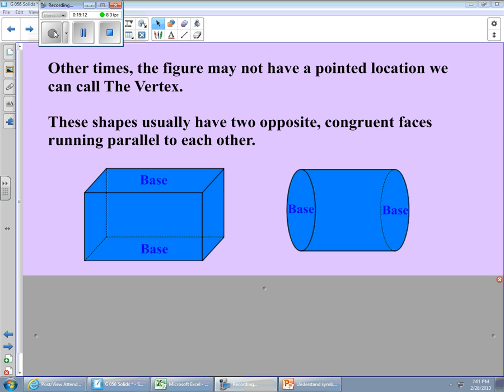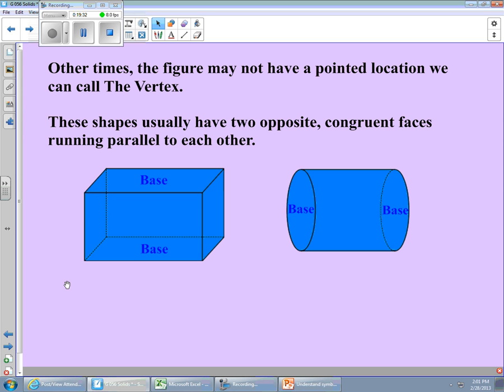We could have called the left and right the base, right? Because they are congruent, they're opposite, they're parallel. We could have done the same with the front and the back. But over here on this guy, you can see we've got circles on each side of it. They're opposite, they are congruent, they are parallel. So we could call those the bases. And again, of course, the bases can be anywhere. It doesn't necessarily mean top and bottom.